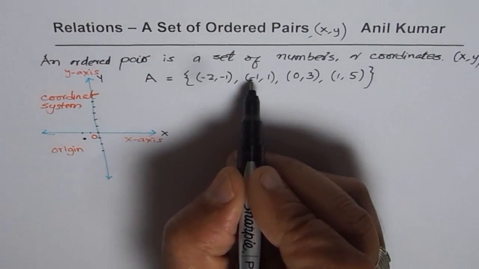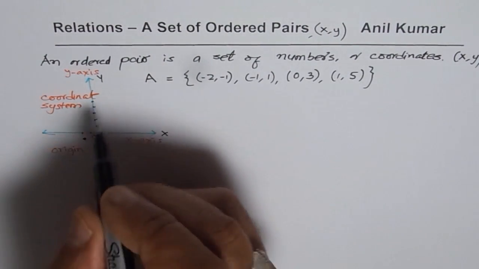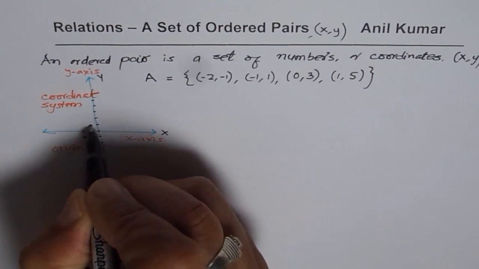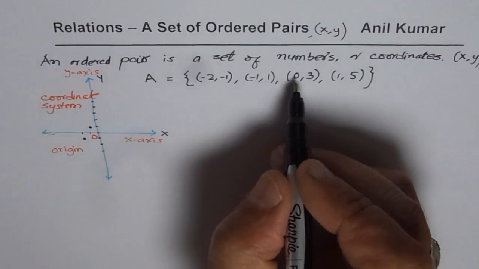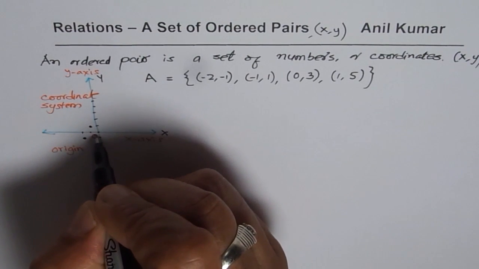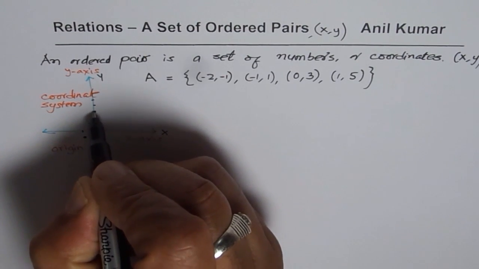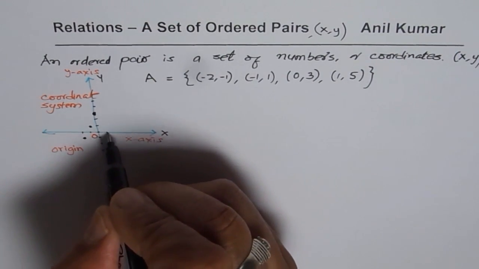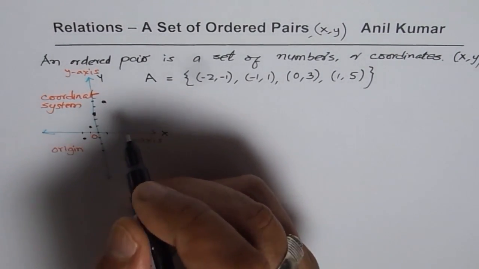Then we have -1, 1. So at -1 on the x-axis we have a point at 1. Then at 0 we have 3, so at 0 we go up 1, 2, 3. And at 1 we have a point at, let us say, 5.